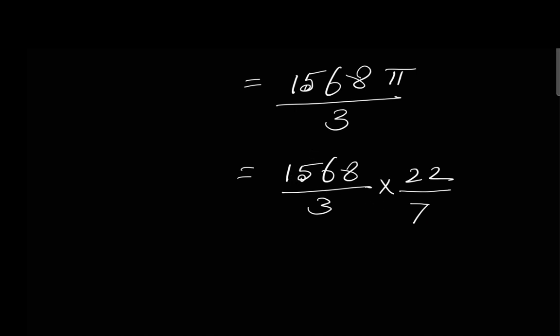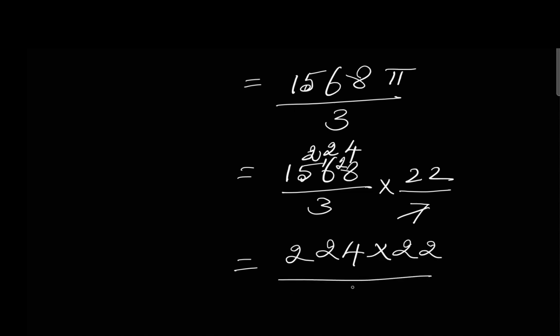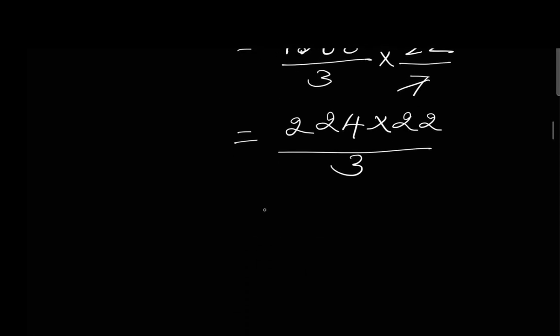Here in 15 it goes 2 times, carry over 1, again 16, 2 times, remainder 2, 4 7s are 28. So 224 into 22 divided by 3. So you multiply these two numbers and divide by 3.